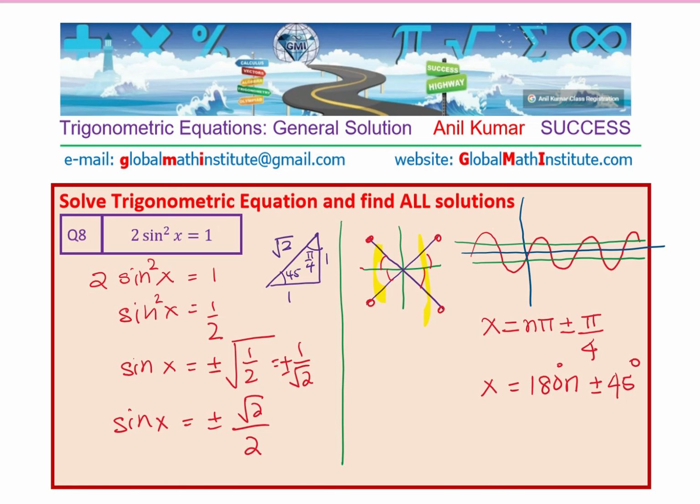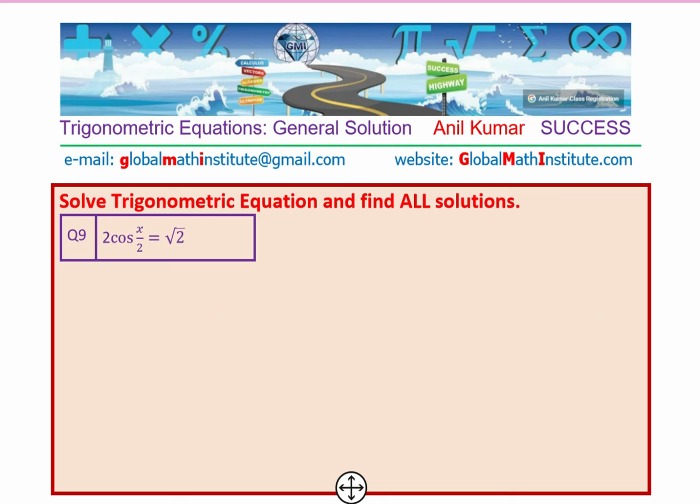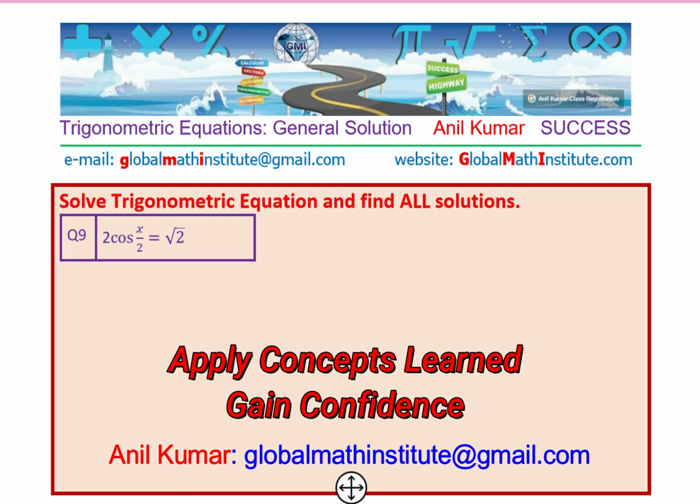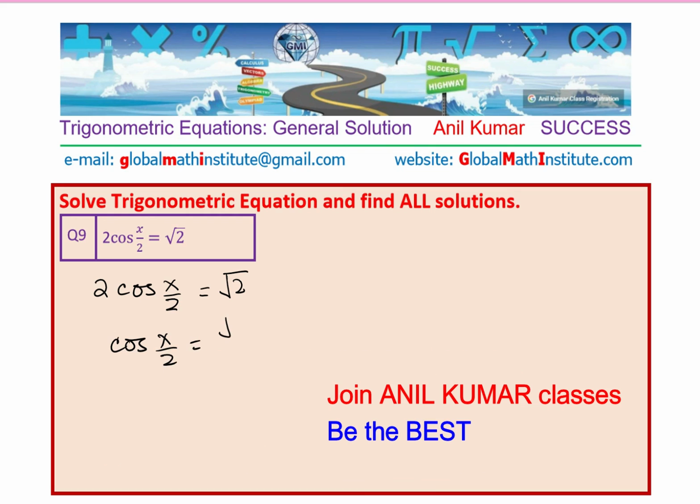Very simple, right? Now, the last example before us is with half angle. So we have 2 cos x by 2 equals square root 2. So let's rewrite. We got 2 cos x by 2 equals square root 2, which means cos x by 2 will be square root 2 by 2.